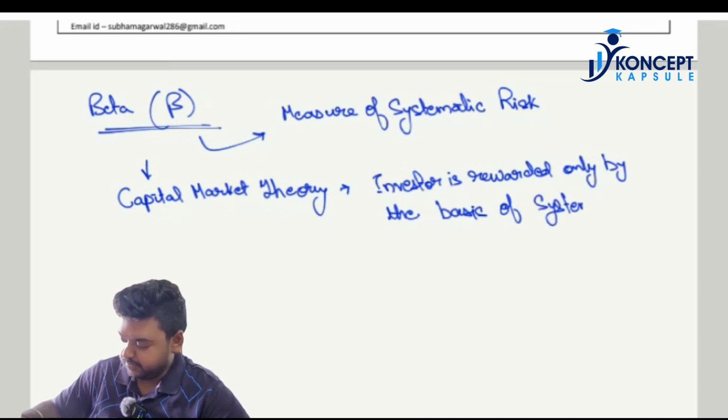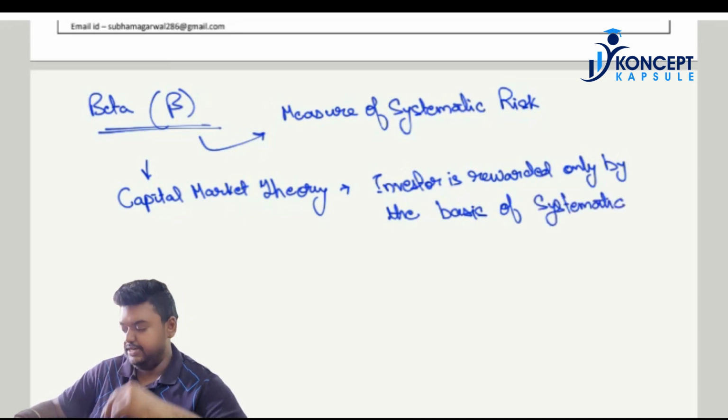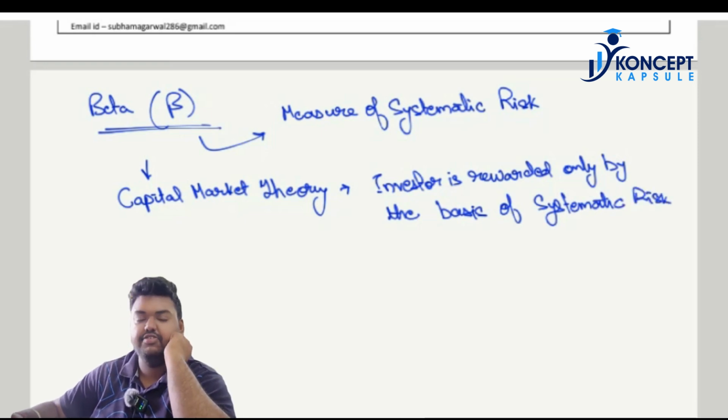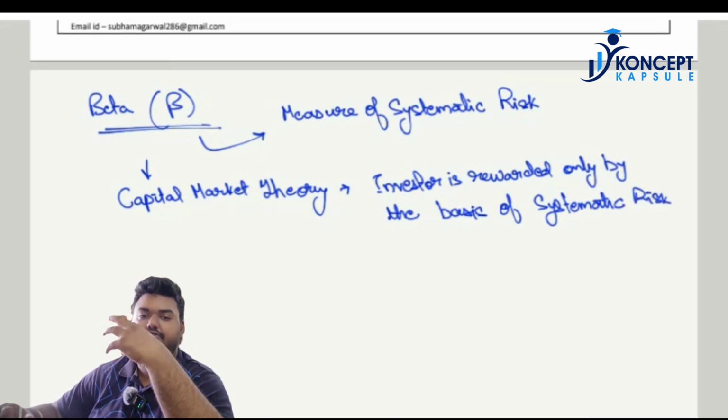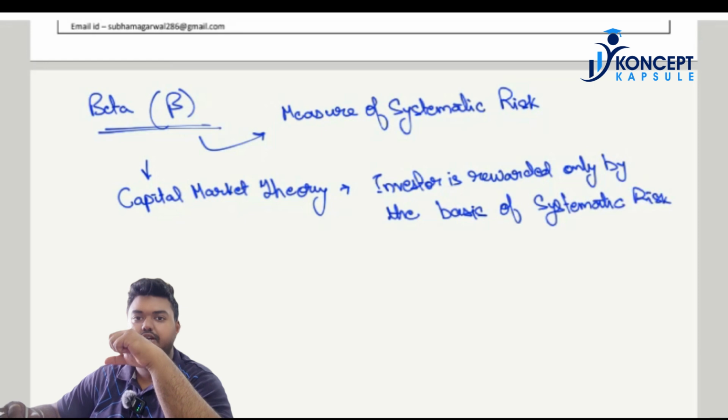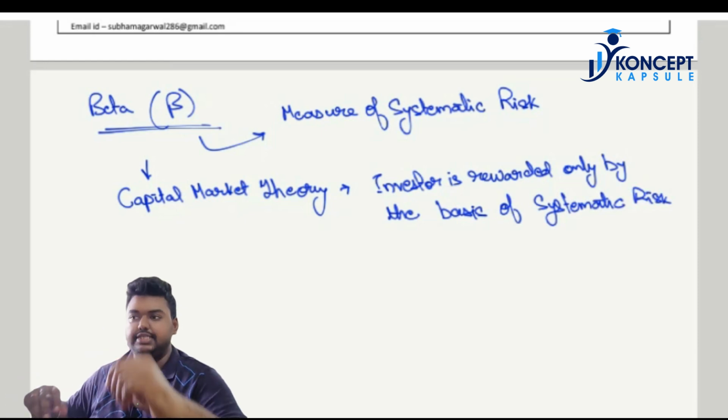Correct? We have seen it in the previous class. An investor will be rewarded only basis the systematic risk that it takes.